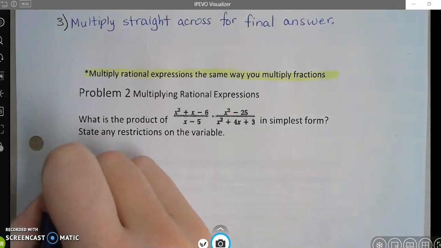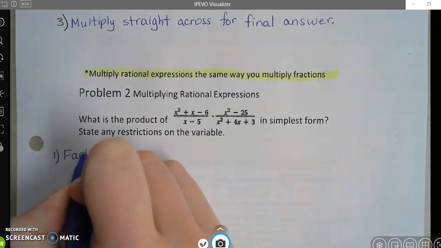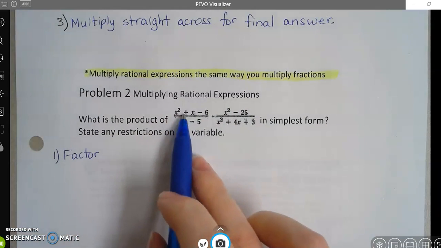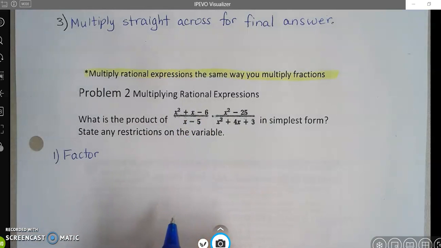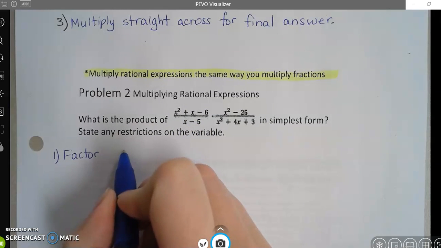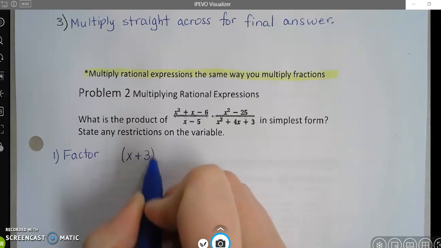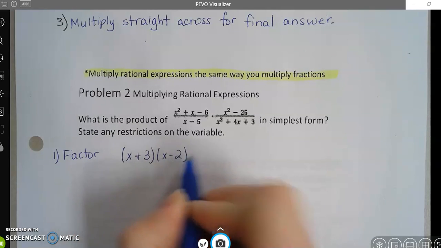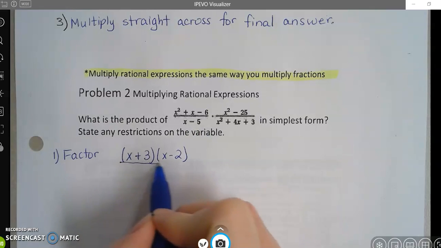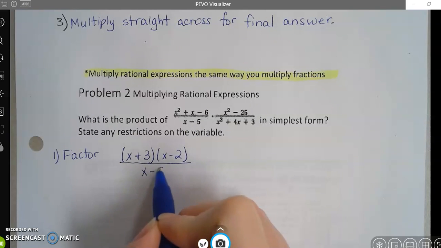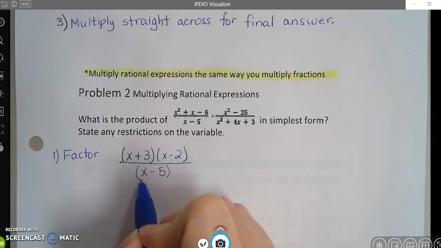So step 1 is factor. x squared plus x minus 6 is a general trinomial where a equals 1, so it factors to x plus 3 times x minus 2. Your denominator cannot factor any further than x minus 5.